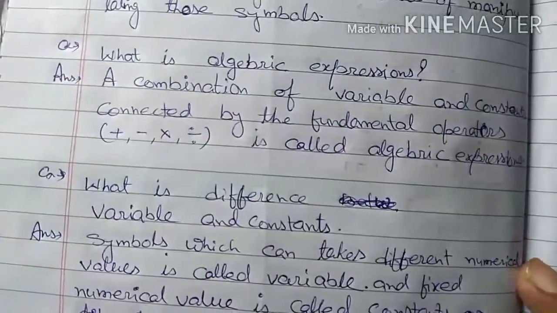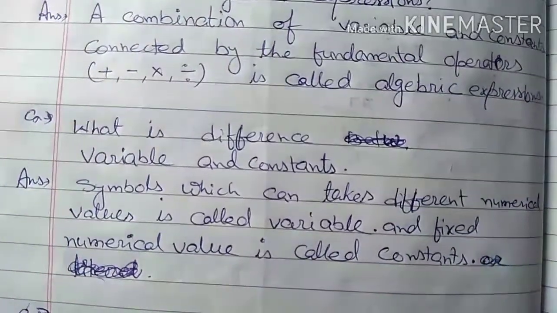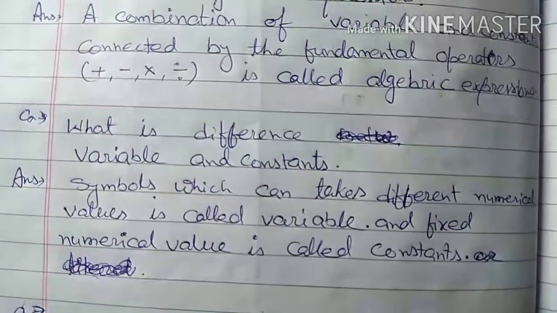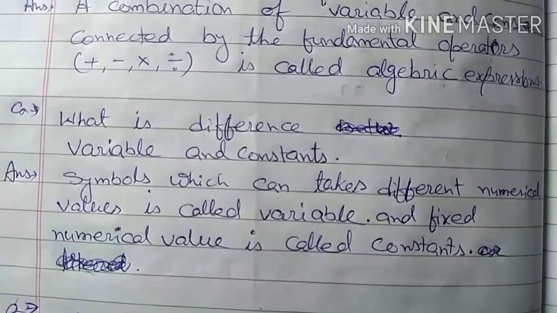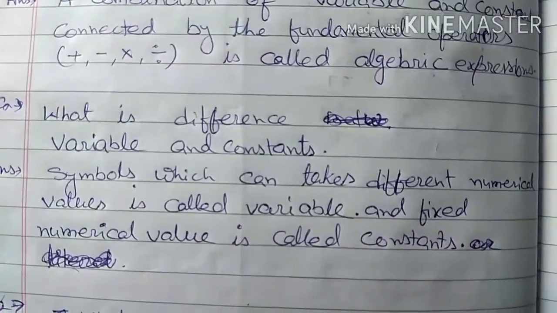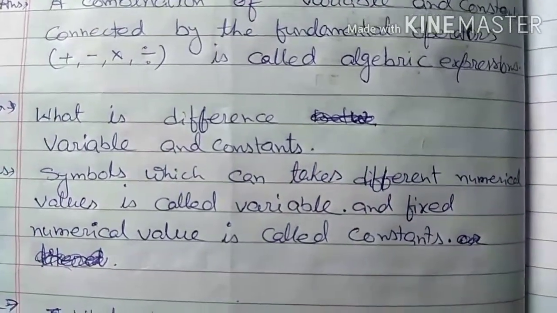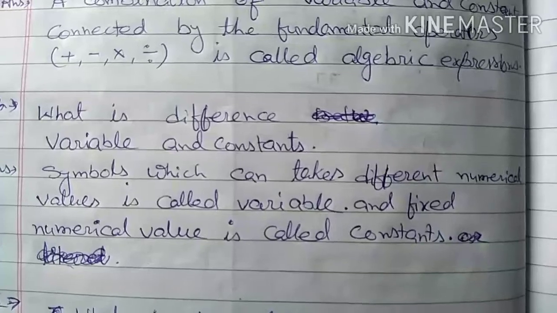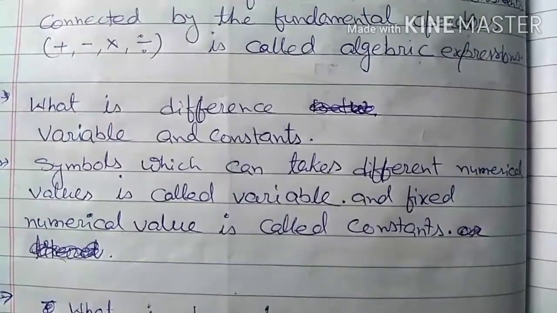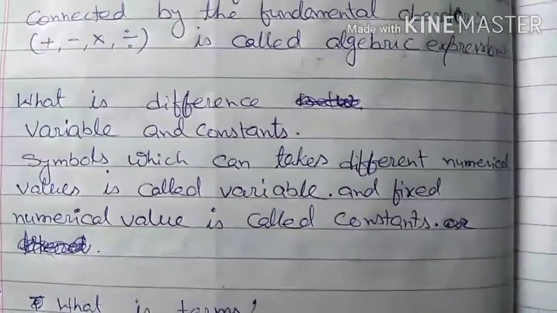The next one is, what is the difference between a variable and a constant? A symbol which can take different numerical values is called a variable. Suppose 5x is written; sometimes we take the value of x as 3, in the next question we get the value of x as 7 and so on.